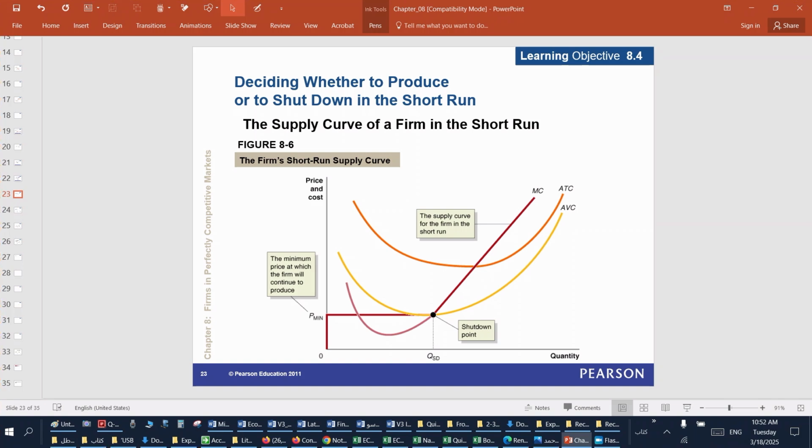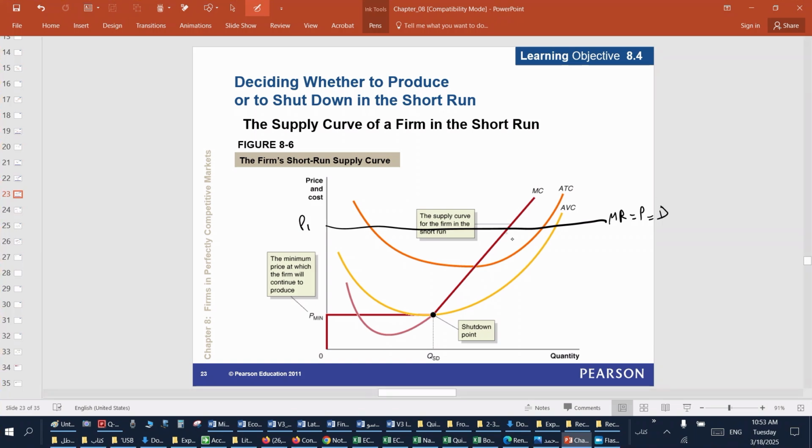So let us first assume that market price is at P1. And as you see, the market price is above all cost curves. So in this case, this company is making profit. To determine the quantity that maximizes the profits of this company, you go to the rule which says marginal cost equals marginal revenue. So this is marginal revenue equals price equals demand.